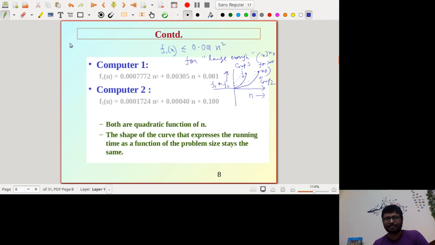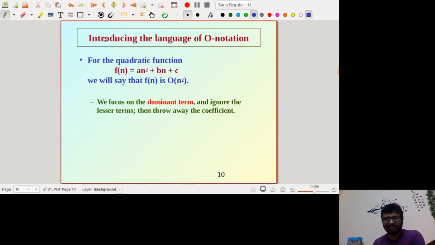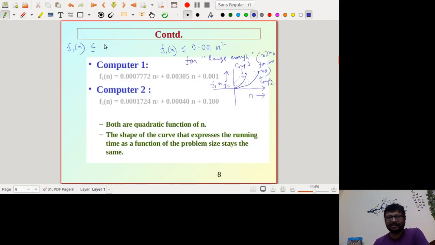Here, for instance, F1(n) will be greater than or equal to, let's say, 0.1 n, eventually, for large enough n.